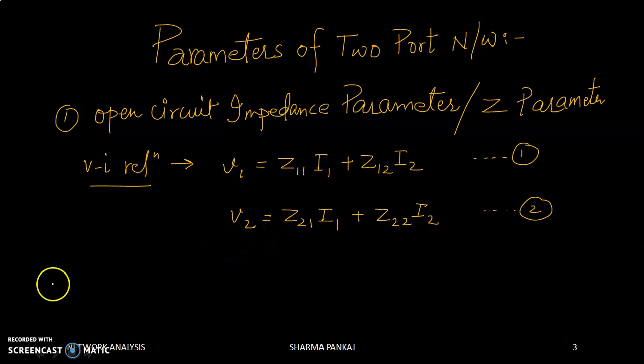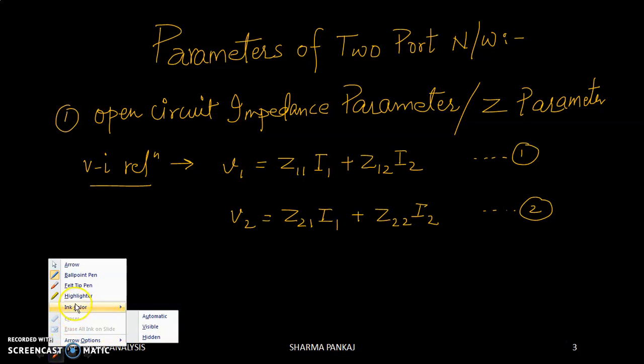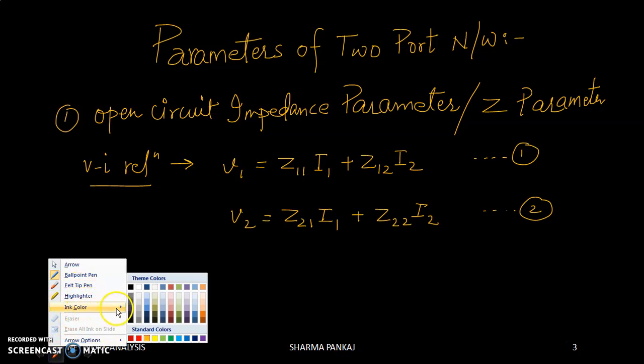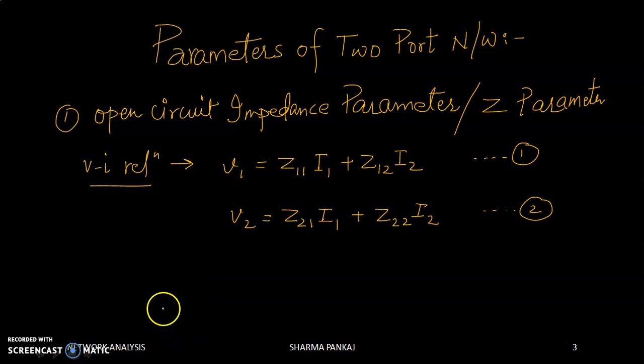Dear students, just analyze one thing. You may ask me questions: you told me that there are some set of dependent variables and independent variables. What are those? See this. This is V1, this is V2. The value of V1 and the value of V2 depends on something else. This is your Z parameter: Z11, Z12, Z21 and Z22.